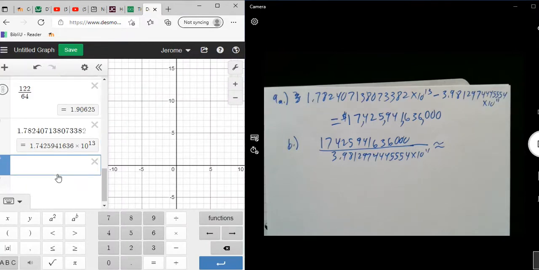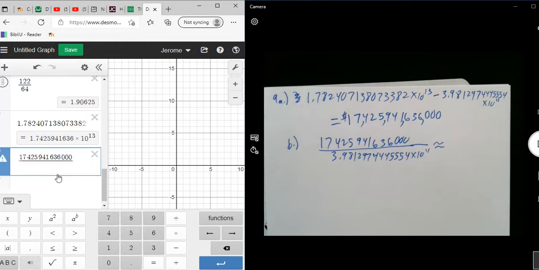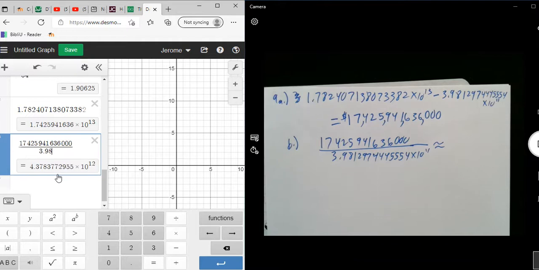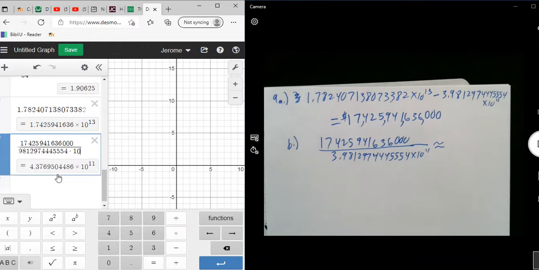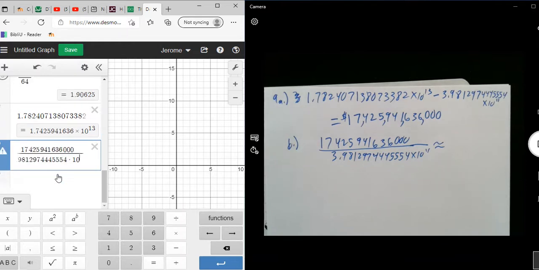So we'll take this value here, we could type it out, 17,425,941,636, 3 zeros, divided by 3.98129734354 times 10 to the 11th power.